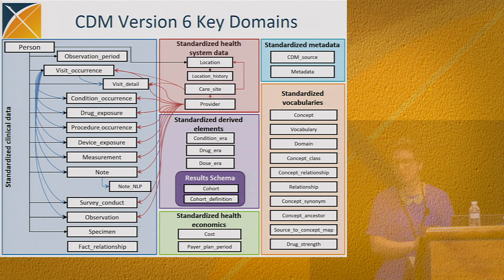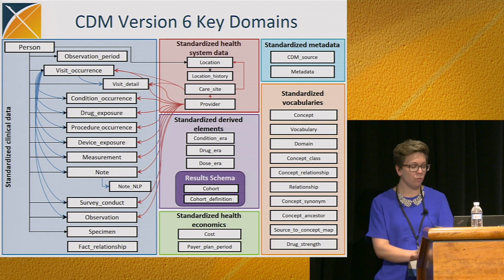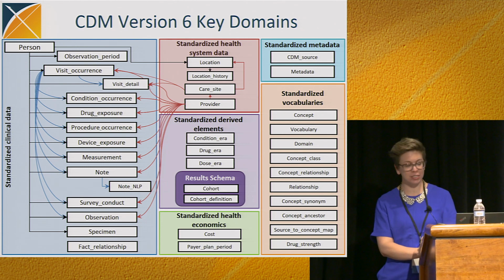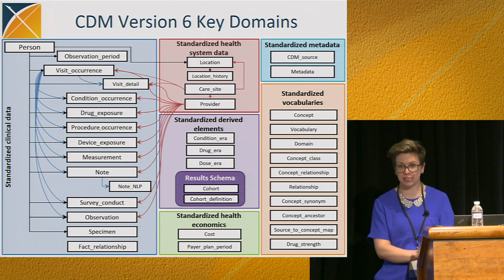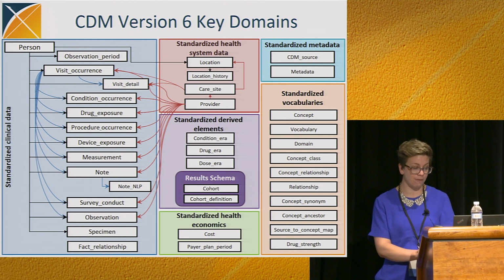Okay. So we spent the last hour or so talking about what I would consider the more popular tables in the clinical data section of the CDM. But I really would like to also show you one of the derived element tables. I think it makes it a lot clearer about what's going on in these tables and the value that they provide.